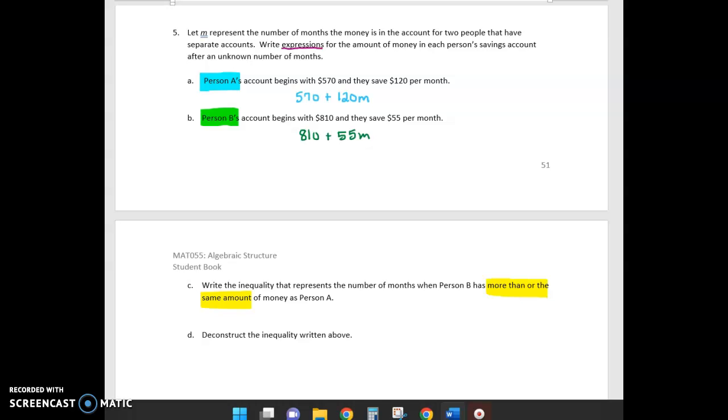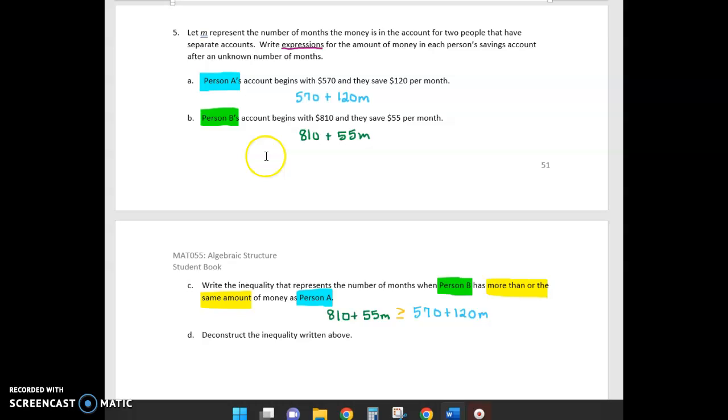And we want person A and person B. Okay, so person B is $810 plus $55 each month, has more than or the same amount, so is greater than or equal to what person A has, and person A is the 570 plus 120M.